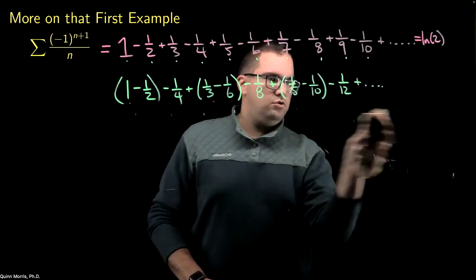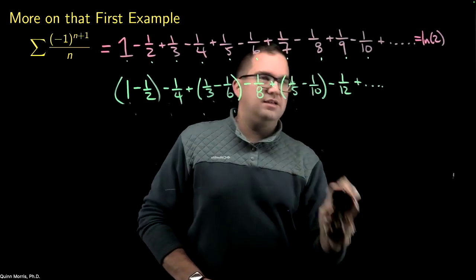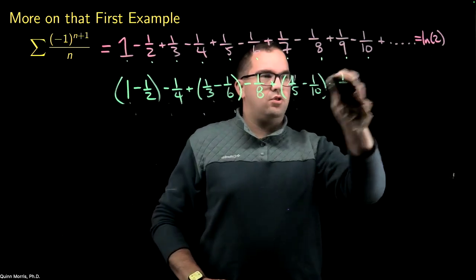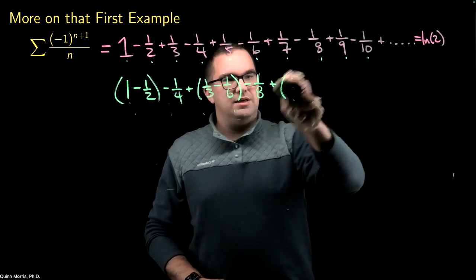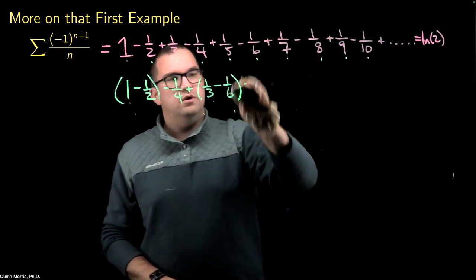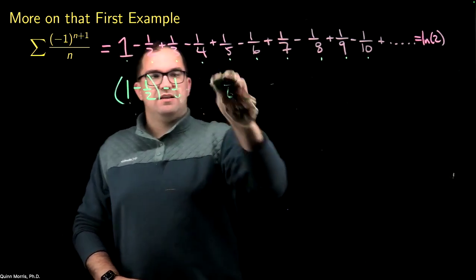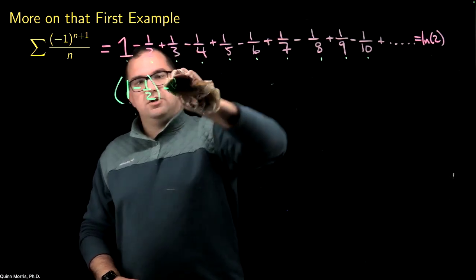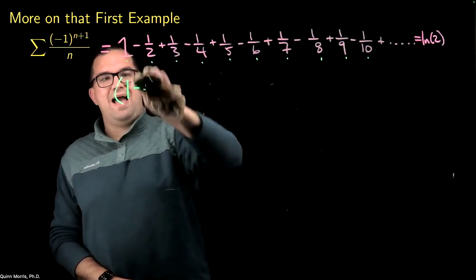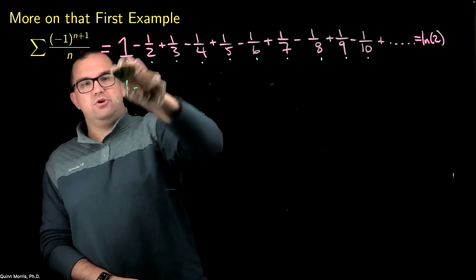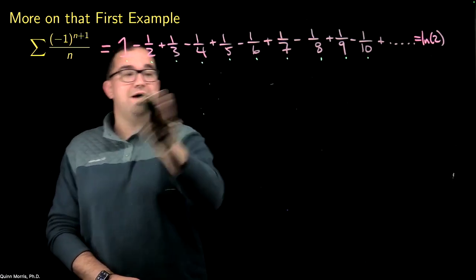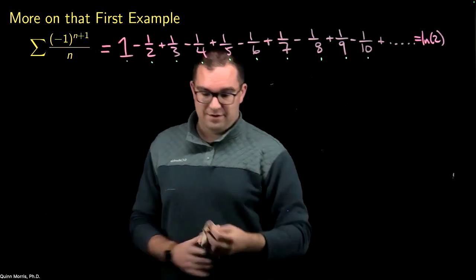He took this series, which converges to natural log of 2, and was able to rearrange it to get half of natural log of 2. Maybe every conditionally convergent series, you can rearrange it so you get half of the value. It actually turns out it's much, much worse than that.